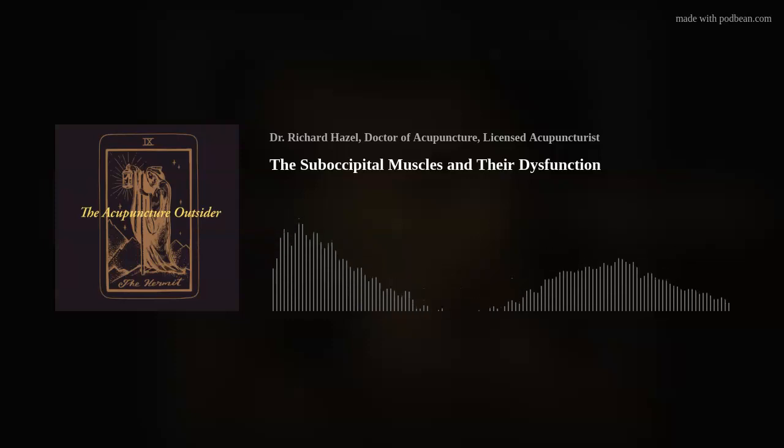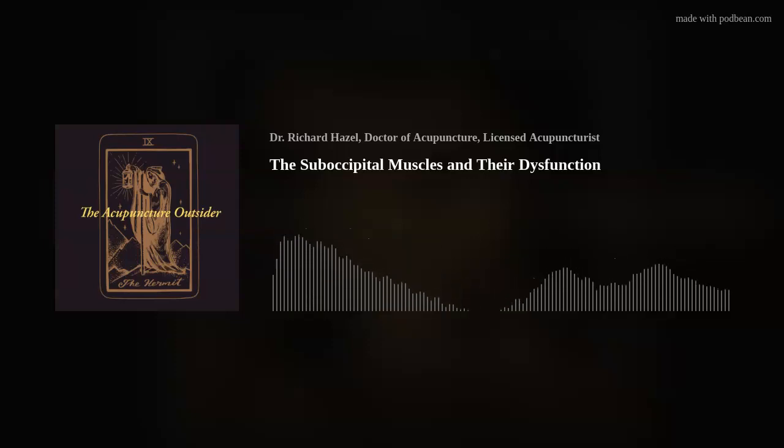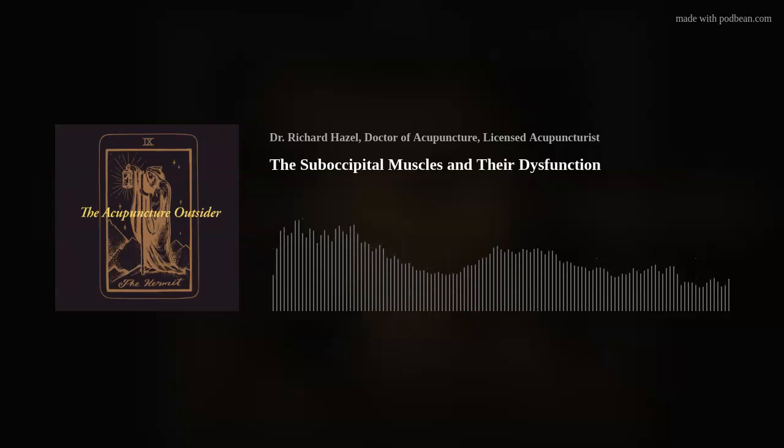So you could be working on all the bigger muscles like I always do for upper cross. But if you're missing this suboccipital muscle, they may still end up with more of a forward head placement than ideal. And it is believed that because of these suboccipitals and their ability to cause migraines, working with posture can be beneficial for long-term relief for migraineurs.